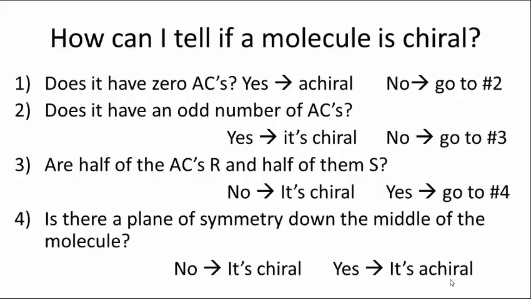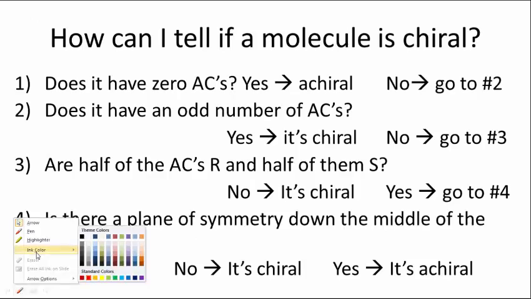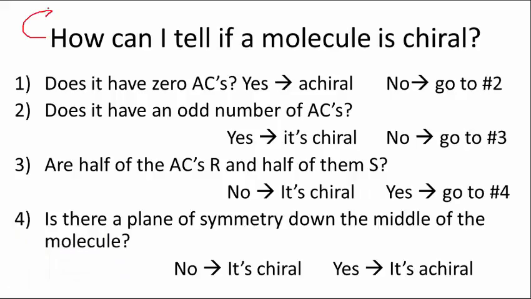The foolproof method is to go back to the definition, right? If you have an unlimited amount of time and energy, the answer to this question is build the molecule, build its mirror image, and see if they're superimposable, right?